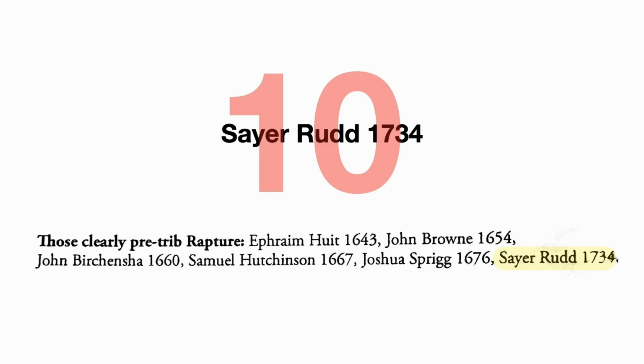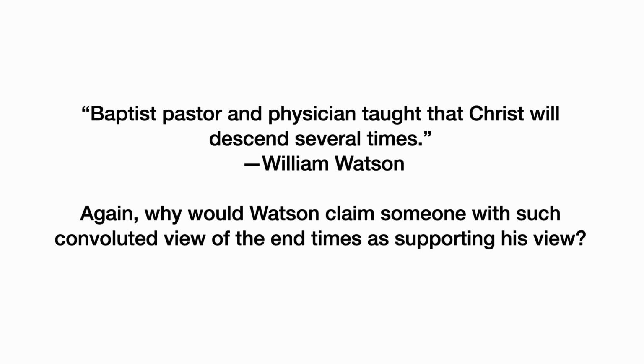And then finally, we get to Sayarud. This is actually in 1734. This is really the only good example that he can come up with in the 18th century. Again, this is the last of the individuals in the entire book that Watson says was clearly pre-trib. Watson refers to Rudd as a Baptist pastor and physician, taught that Christ will descend several times.